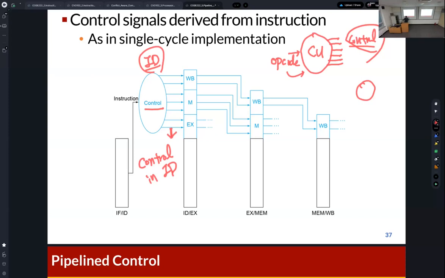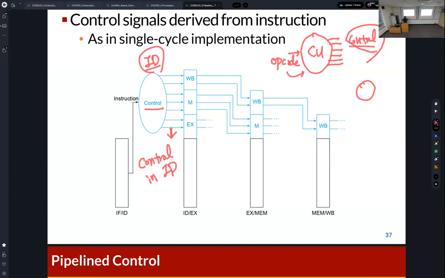So when we discussed the RD of the load instruction, I defined the RD in ID, RD in EX, RD in memory, and then RD in write back, right? This RD is used in the write back stage.